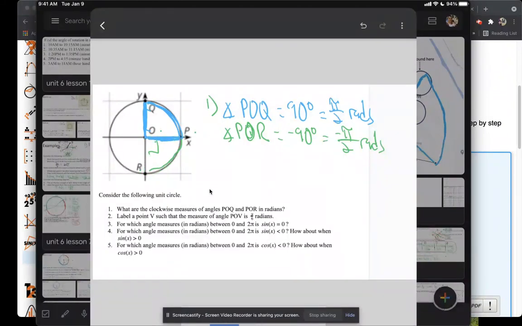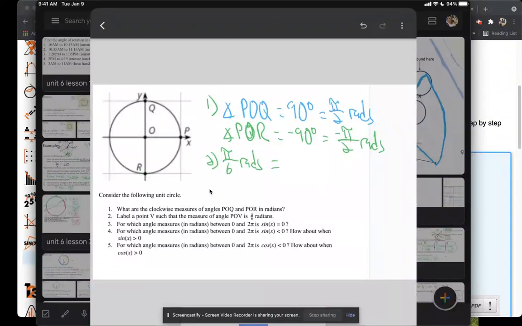Number 2: label a point V such that the measure of angle POV is pi over 6. So for number 2, all right, pi over 6 radians.